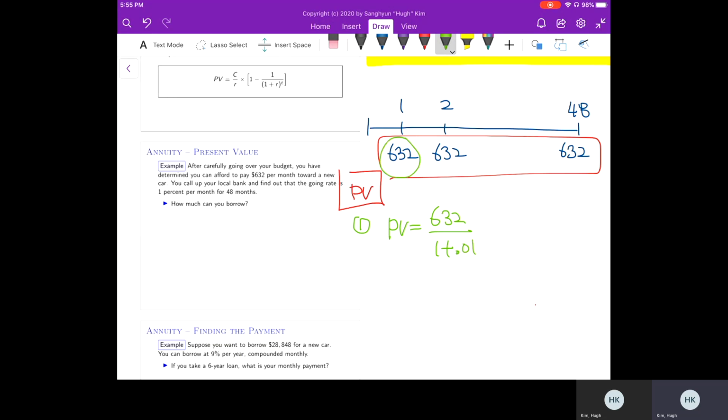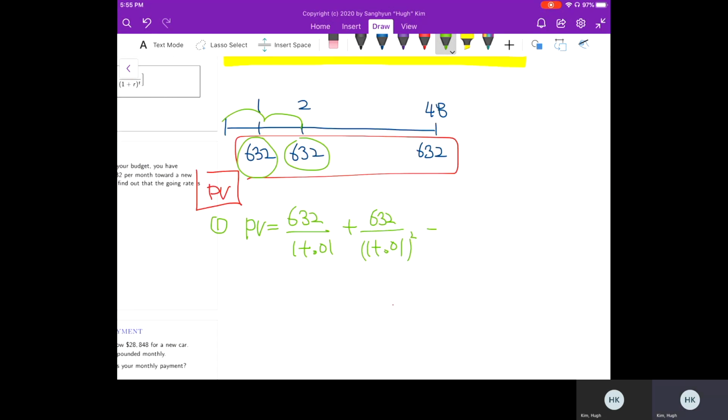That's the present value of this, plus 632 over (1 plus 0.01) squared. So you discount it twice. And with a little patience, you can go all the way to 632 over (1 plus 0.01) to the power of 48. As you can imagine, this is pretty tedious.